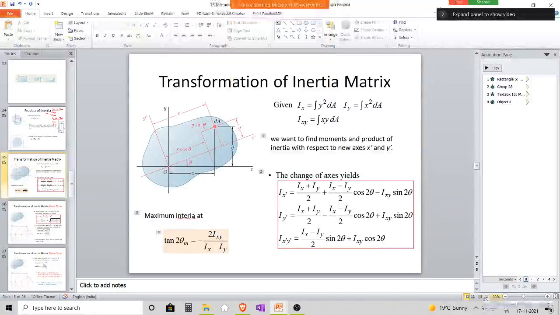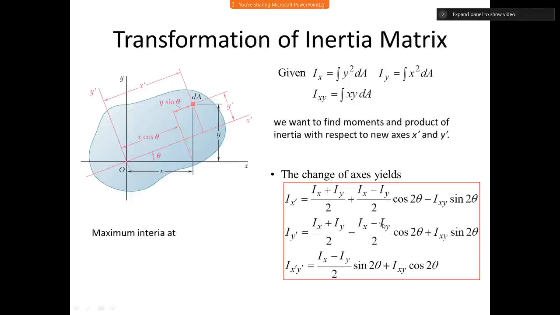The direction in which we get the maximum moment of inertia, again there is some more mathematics which I am not doing. The maximum inertia is basically obtained by differentiating and getting the maximum value. So the maximum moment of inertia is obtained at the following angle, where this theta, when your axes are rotated by angle theta, is given by tan 2 theta equal to minus 2 Ixy divided by (Ix minus Iy).